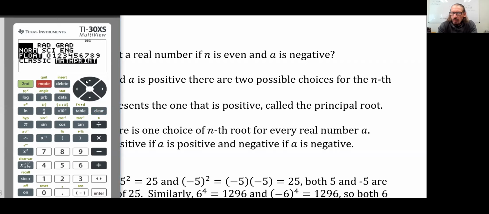You may have an older calculator that doesn't show the exponent quite as nicely, so it would look like this. Anyway, I'm going to switch the mode back because that's going to let me show something really nice later on. So we're going to the math print mode and then I quit.